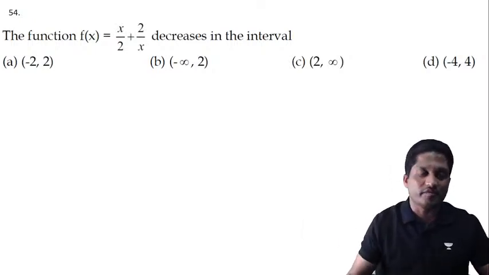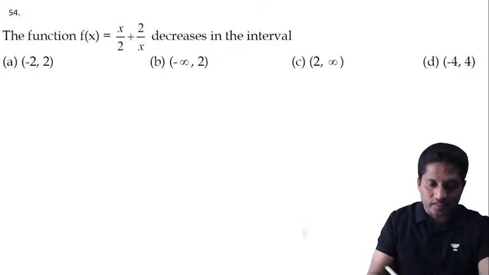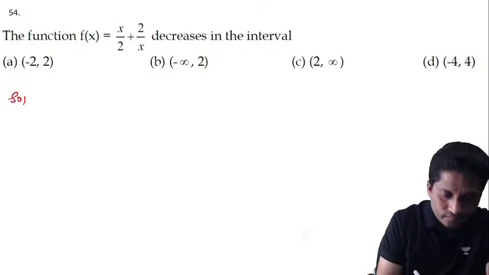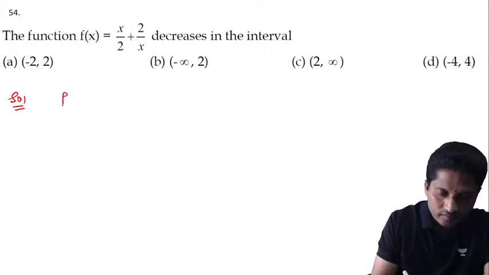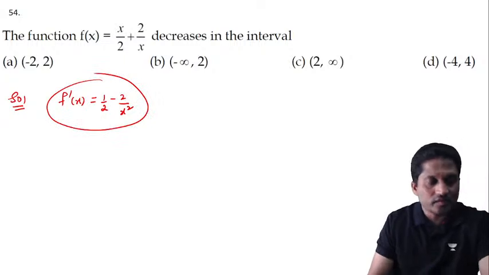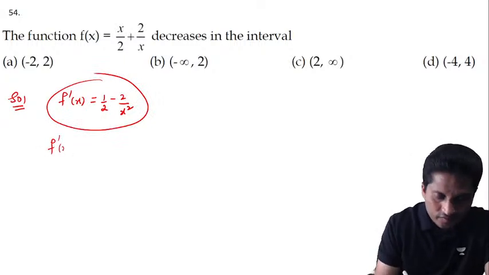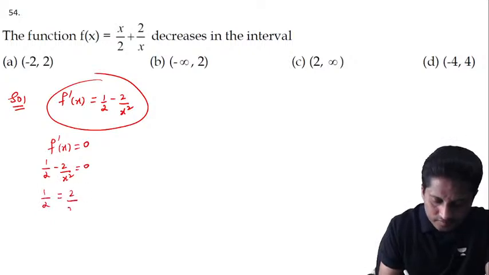Let us start. Question number 54. I need to find the intervals where the function is decreasing. f dash of x is equal to, differentiation of x is 1, so this is 1 by 2. Differentiation of 1 by x is minus 1 by x square. This is f dash of x. I'll equate this to 0. f dash of x is equal to 0. 1 by 2 minus 2 by x square is 0. 1 by 2 is equal to 2 by x square.